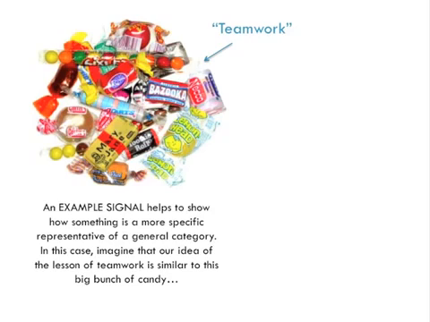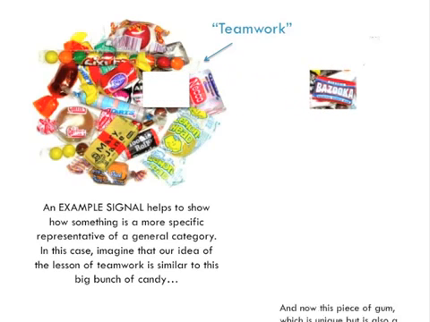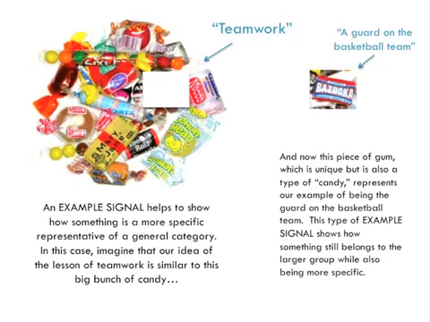So again, I'm using this picture here of candy to help us think that this is kind of the general idea of teamwork. So notice how I'm going to pull out one example. So think of this piece of gum here as unique. Obviously, it's different from, say, a Lemon Head or Necco wafer or a Jolly Rancher, but it's part of the same idea of candy.